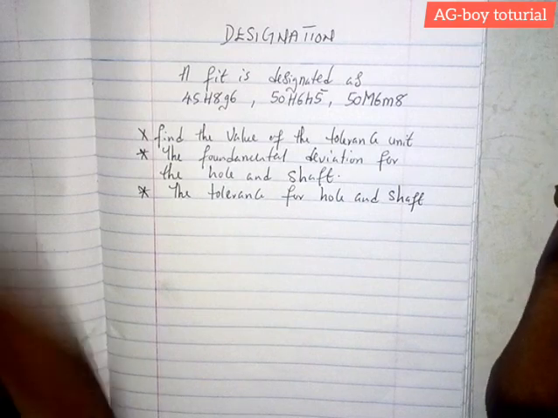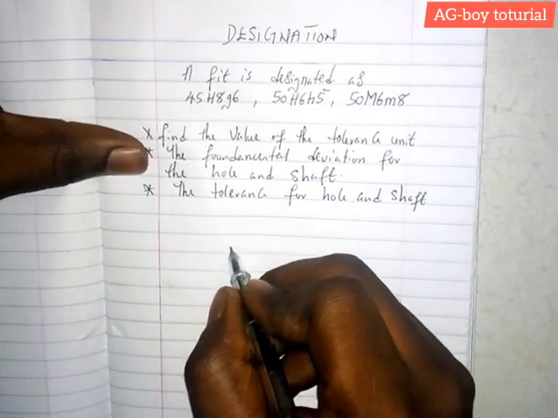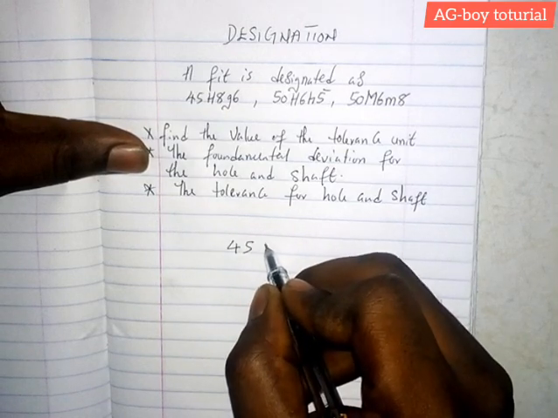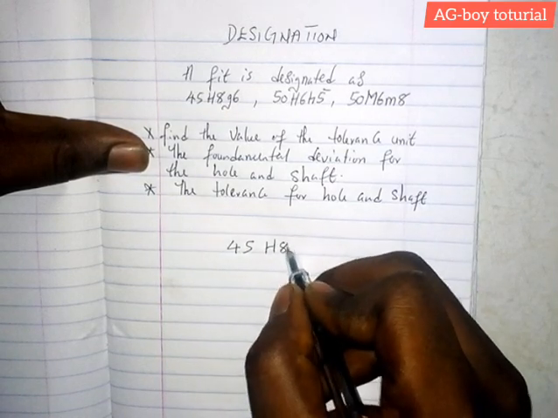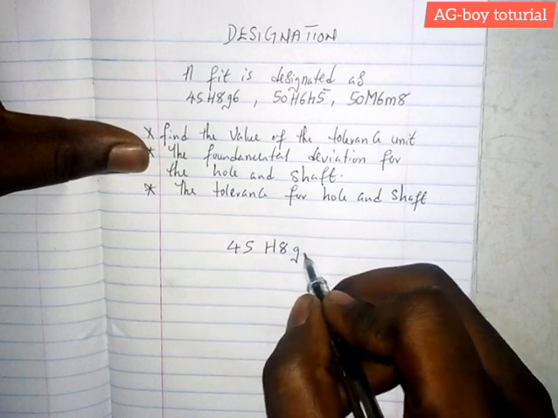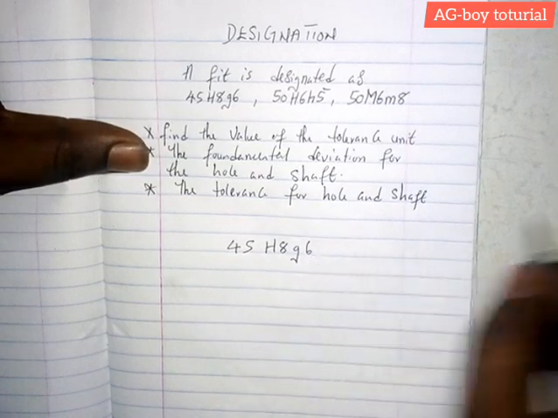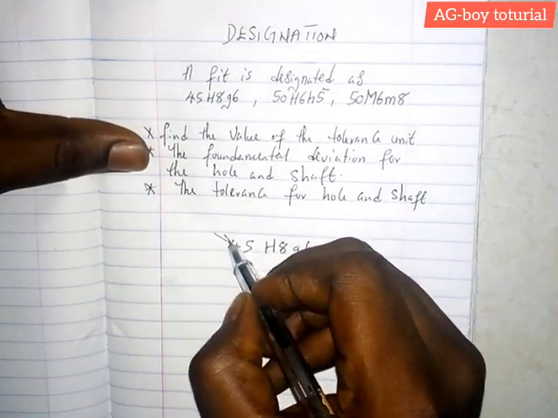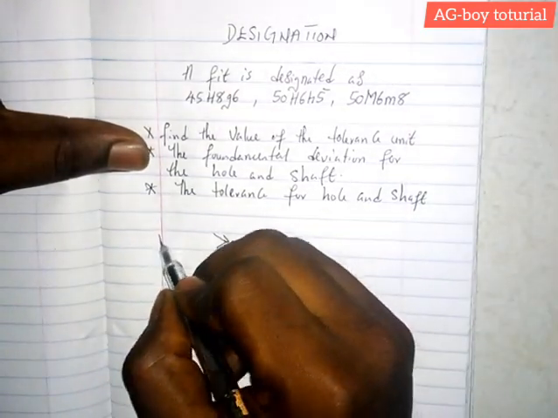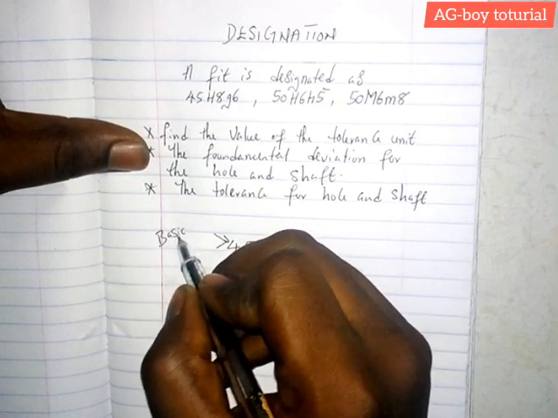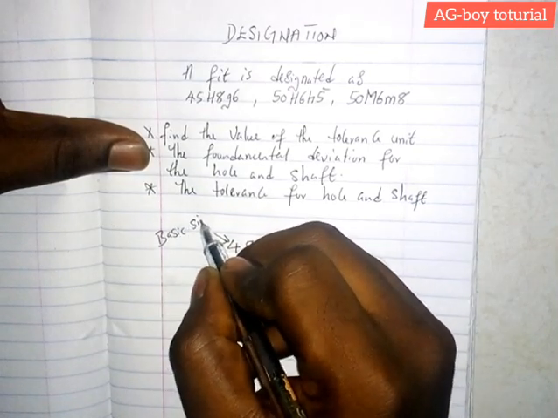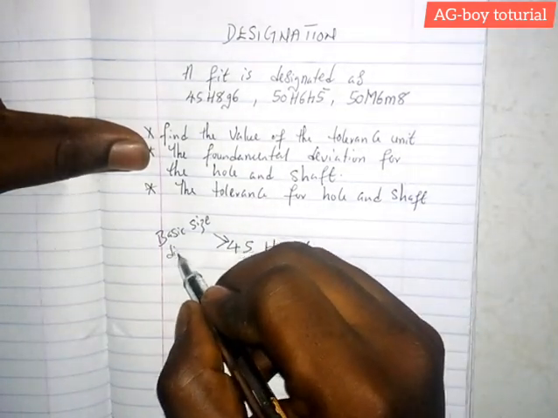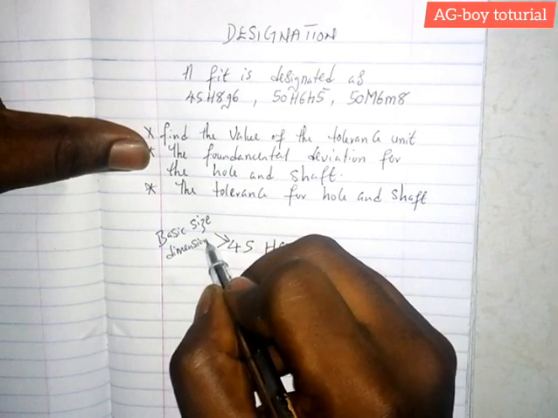So before we go further, I would like to explain more about this symbol here, what they actually mean. I'll make use of this one to give the explanation: 45 capital letter H, or uppercase letter H, small case letter g6. Now what do they actually mean? This 45 means the basic size dimension.